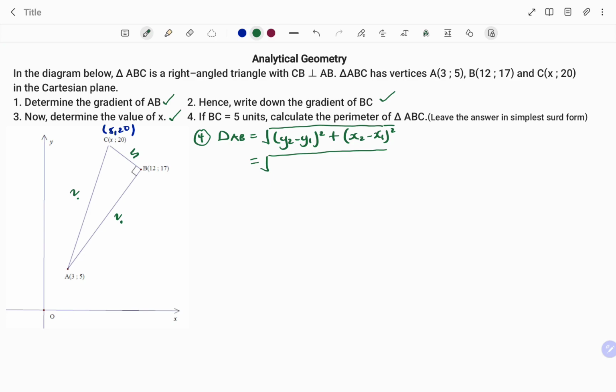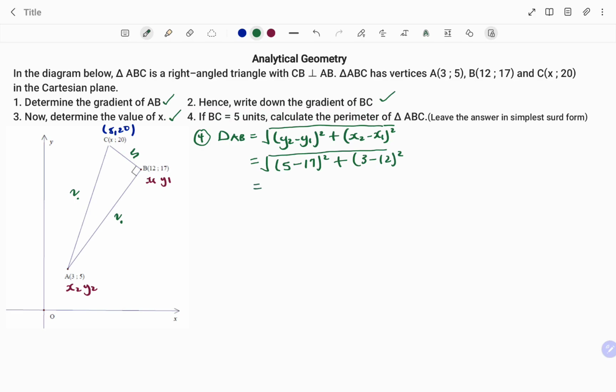If I tag my point, I have y2, that's 5, minus y1, 17, all squared, plus x2, that's 3, minus x1, 12, all squared.